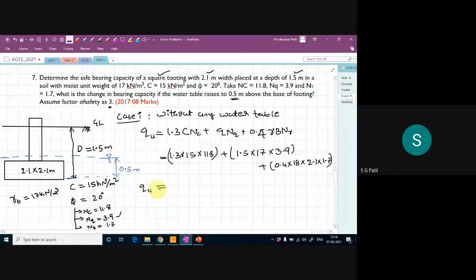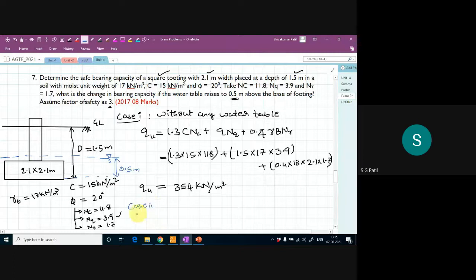Q ultimate equal to 355.25. I think 354 I am getting. 354 kilonewton per meter square. Okay, so this is my case 1. Now for case 2 we calculate. So case number 2.